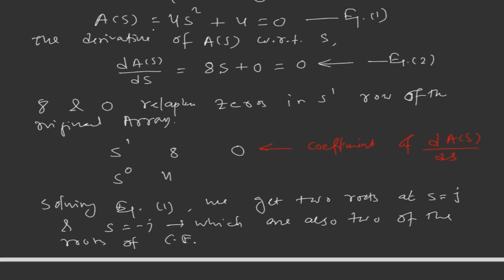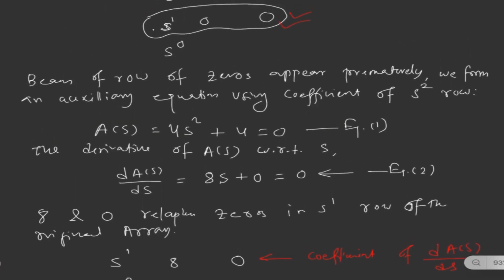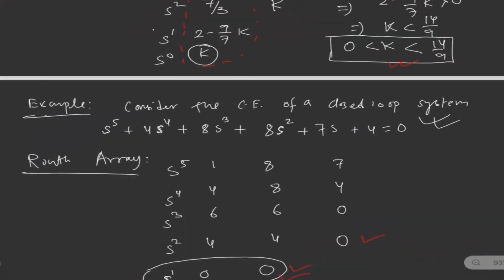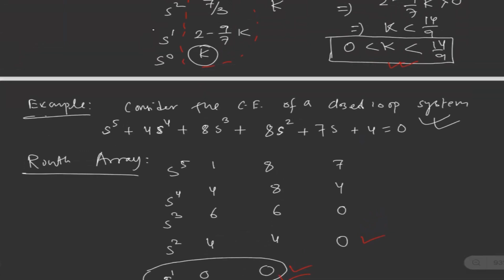Very, very important. So if you solve this equation, we are having two roots which are complex conjugates, and these roots are also roots of our main characteristic equation.